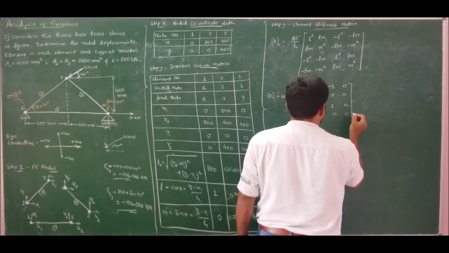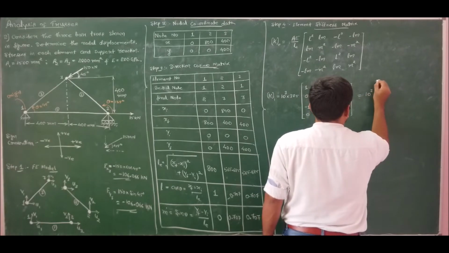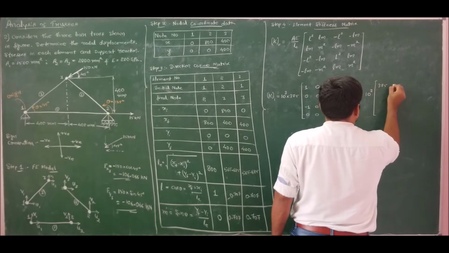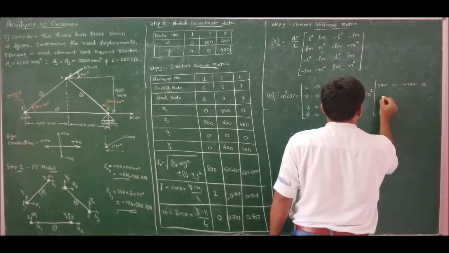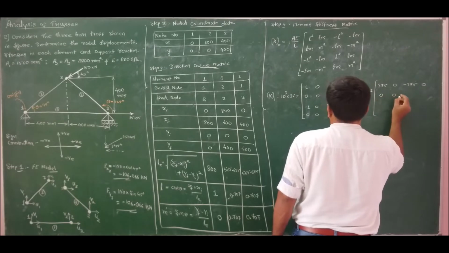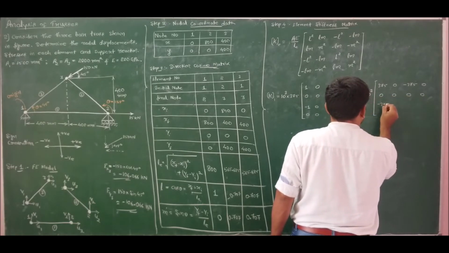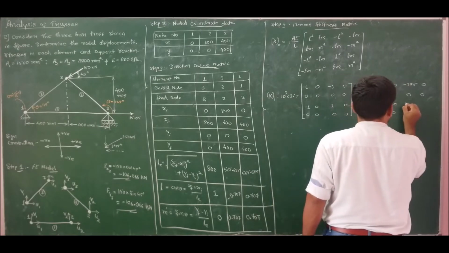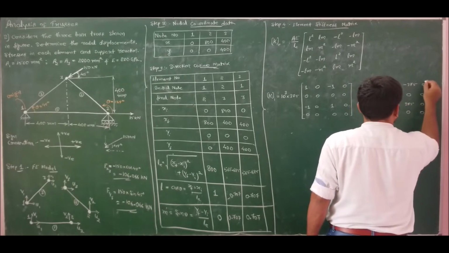Therefore I get 10 power 3 times 375 0 minus 375 0, 0 0 0 0, minus 375 0 375 0, 0 0 0 0.